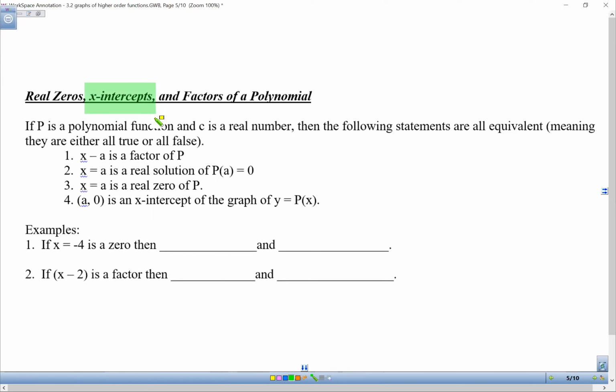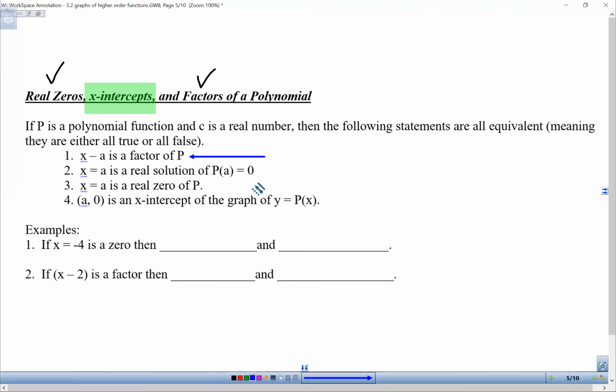So we talked about factors before. We talked about zeros before. Now we're going to say that not only are factors and zeros related, but also x-intercepts are related to them too. So first off, we know that on our factors, x minus a is the way we would write the factor of the polynomial.